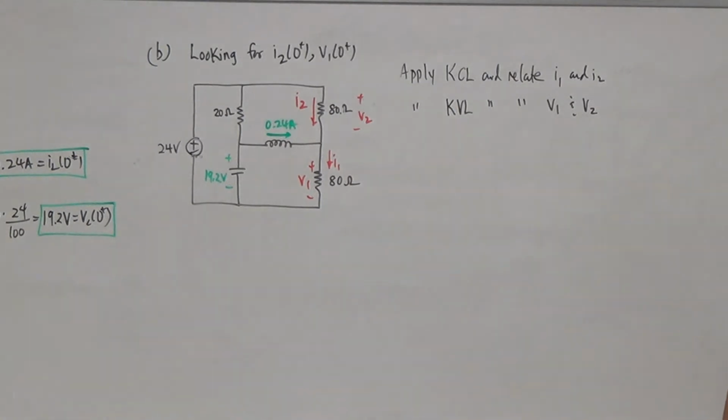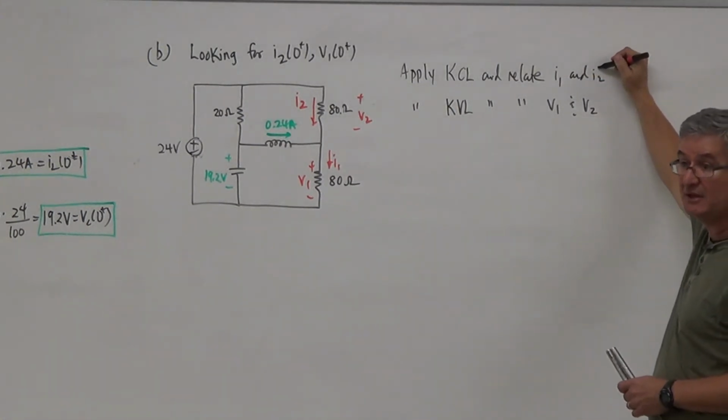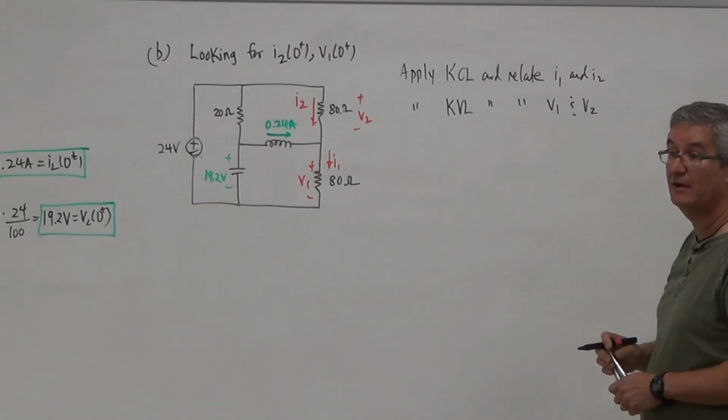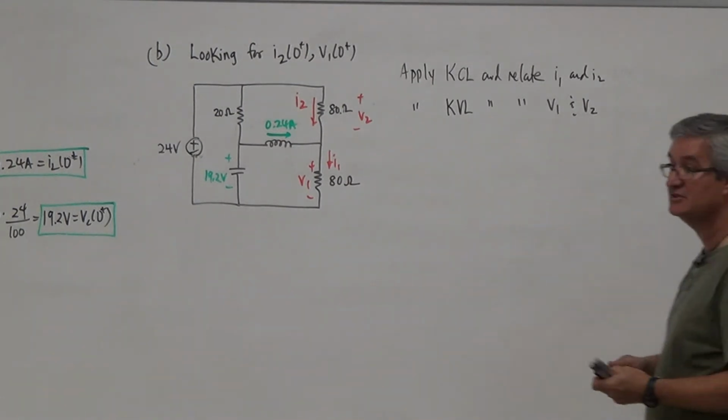Typically, you want to look at nodes where I can relate these guys, and pick a loop that has these two guys in the loop. So let's go to the circuit here. The first thing I'm going to look at is this node. There's I1 and I2 at this node.